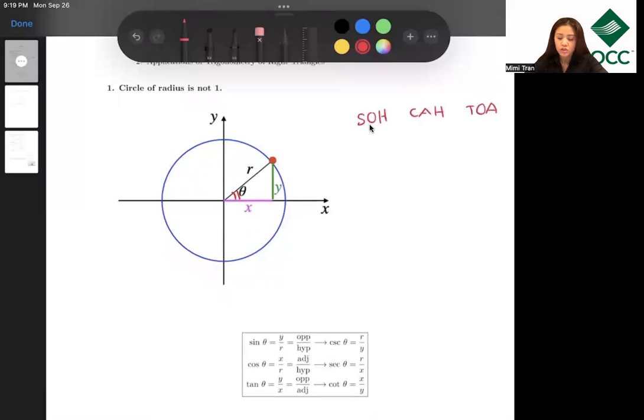So SOH is for the sine. So that's the sine equal opposite over hypotenuse. And the CAH, let me highlight it in blue.